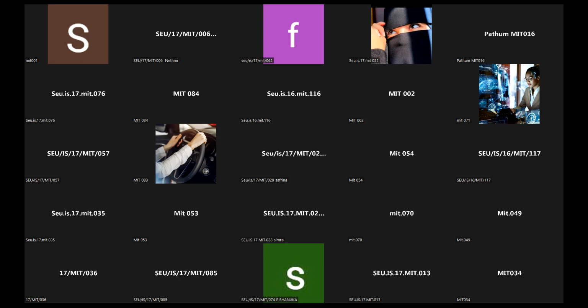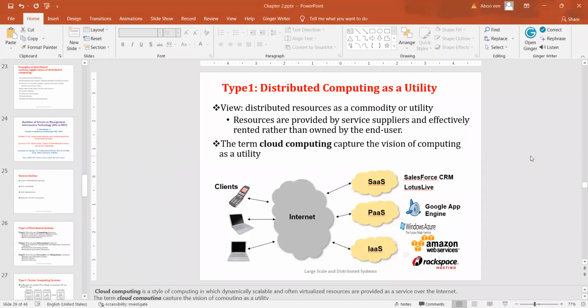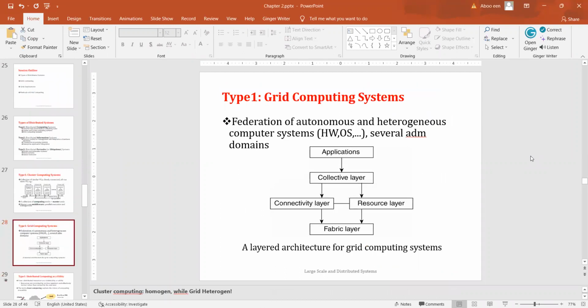Okay, sir. First of all, let me confirm whether my slide is available. Can you see my slide now? Yes, sir. So what is in my slide?